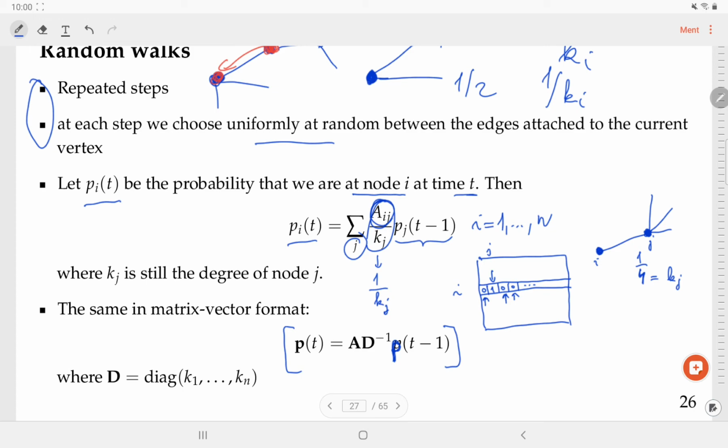So we are just rewriting the formula in such a way that A is the adjacency matrix, and D is a diagonal matrix which contains in the main diagonal the degrees of each and every node, and we take the inverse of that matrix.